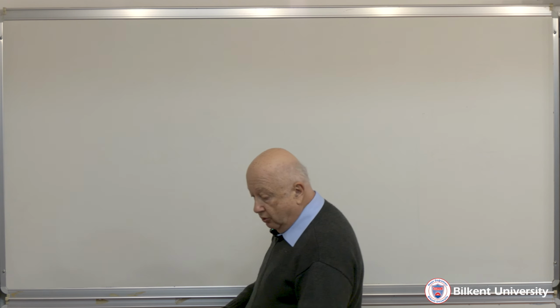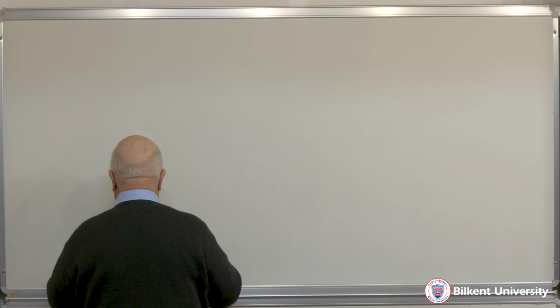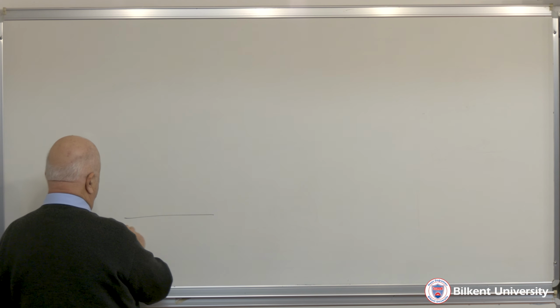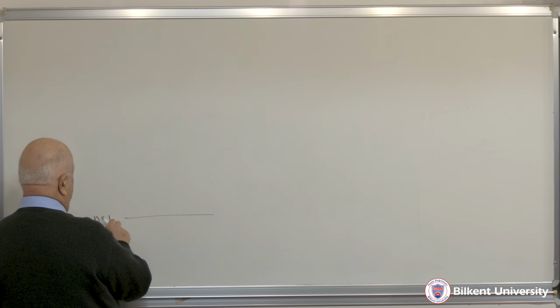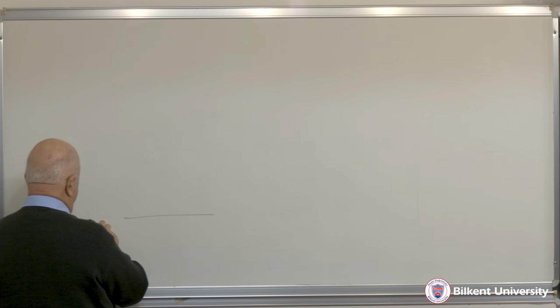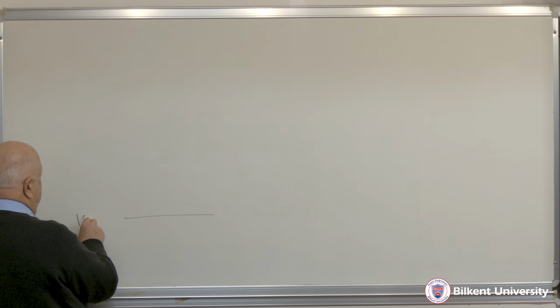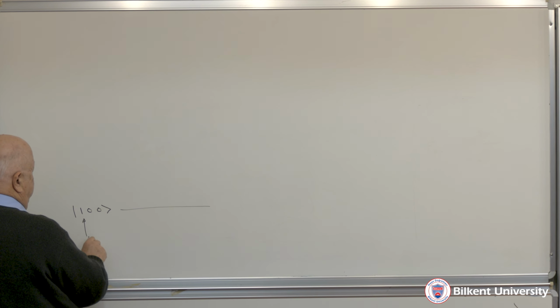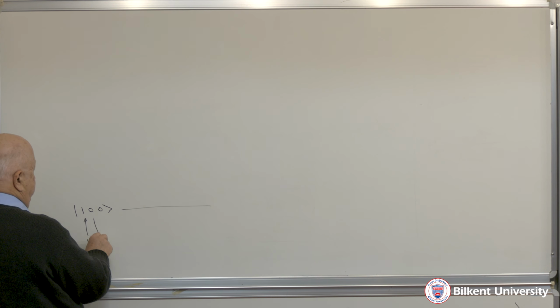All right, so now we have these energy levels. The lowest one is n equal to 1, and it has to be L equal to 0, so let me just put this as 1, 0, 0. This first index is the energy quantum index.